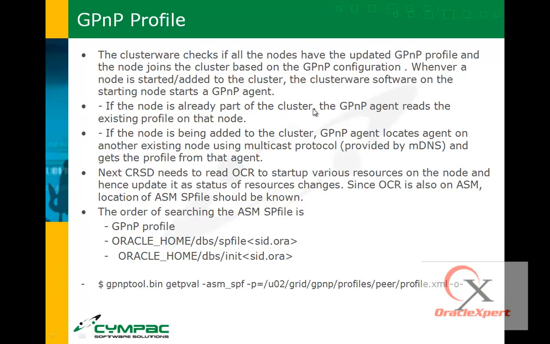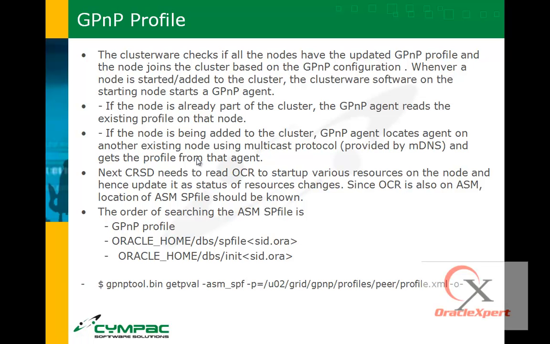If the node is already part of the cluster, the GPnP agent reads the existing profile on that node. If the node is being added to the cluster, the GPnP agent locates the agent on another existing node using the multicast protocol provided by MDNSD, multicast DNS, and gets the profile from the agent on one of the existing nodes.